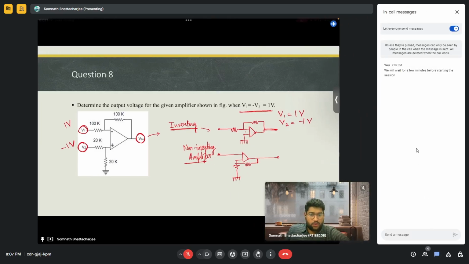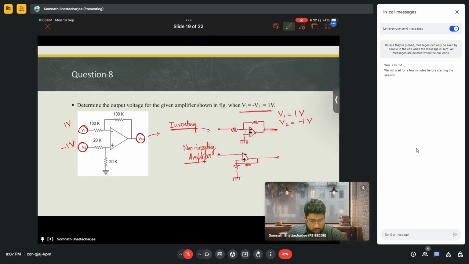Maybe you guys can also write it in the chat box if you have any issue with the mic. For this purpose, I'll also mark this. And for the sake of clarity, there will be these terminals as well.